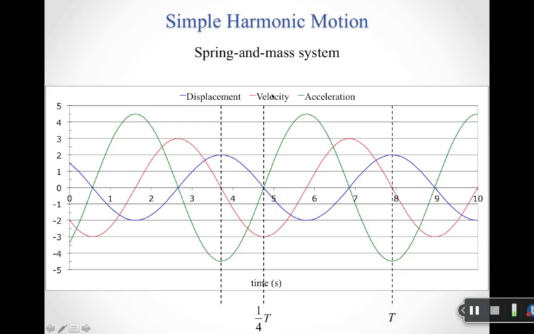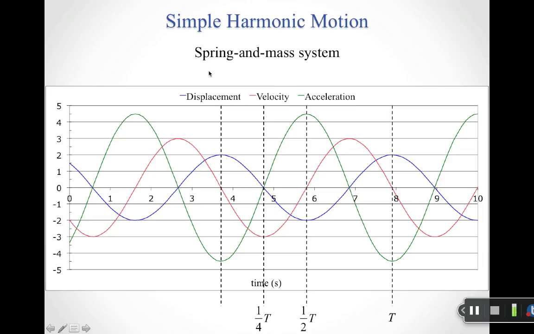And I'm at the maximum velocity, in this case the maximum negative velocity. If I think about having pulled the spring out to some maximum positive value, it makes sense that as it comes back through equilibrium, it's moving in the negative direction as fast as it's going to.